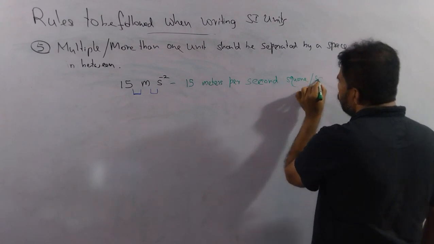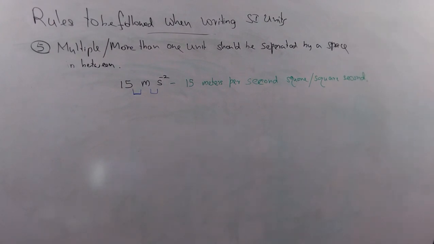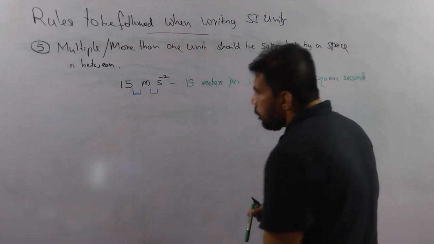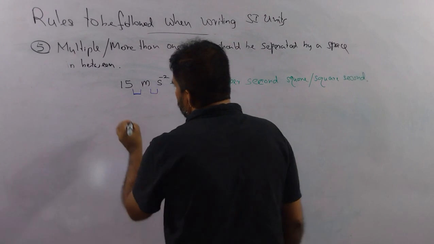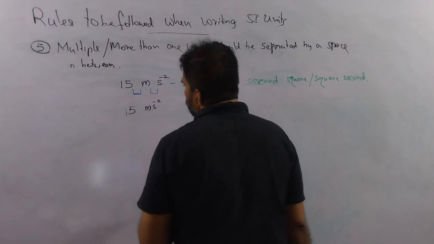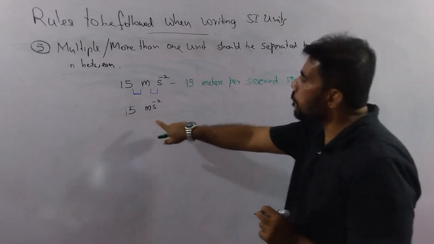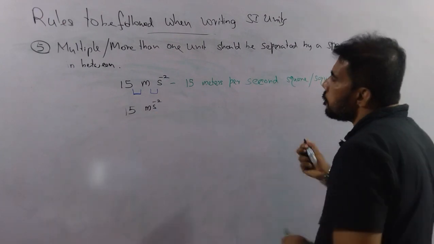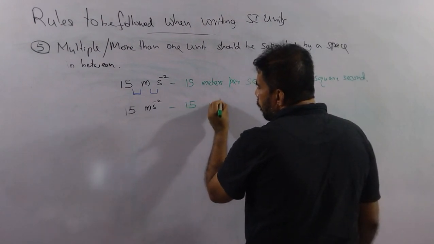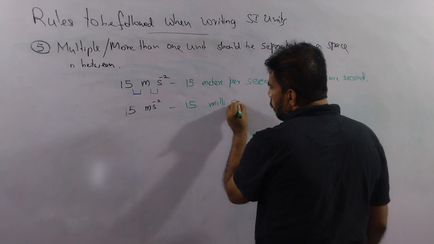If I write this way, 15 meter, here I don't have any space between M and S. So this is read as 15 milli second square or milli square second.